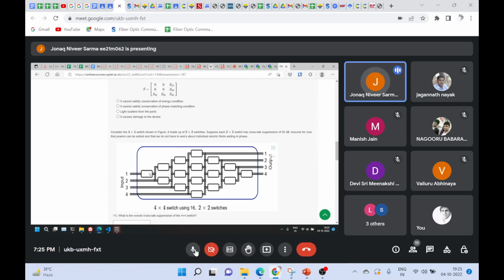But as you send the signal through this path, because of crosstalk, you will have some leakage. If you send say 0 dBm power along this path, you will have minus 50 dBm coming to the other port, which is unwanted, which is crosstalk. Similarly, some negligible loss was happening here.